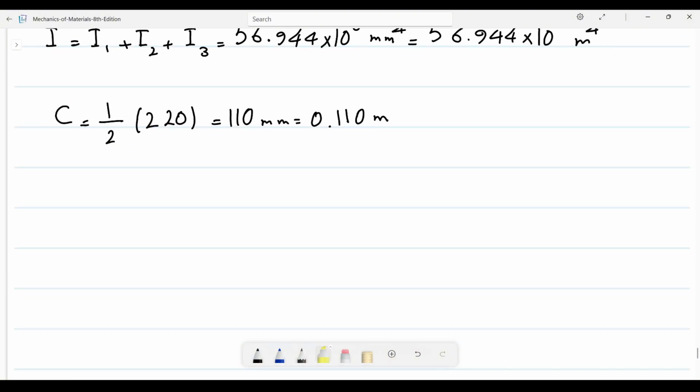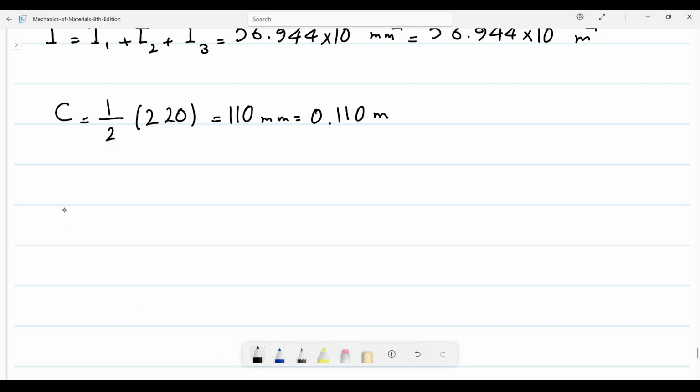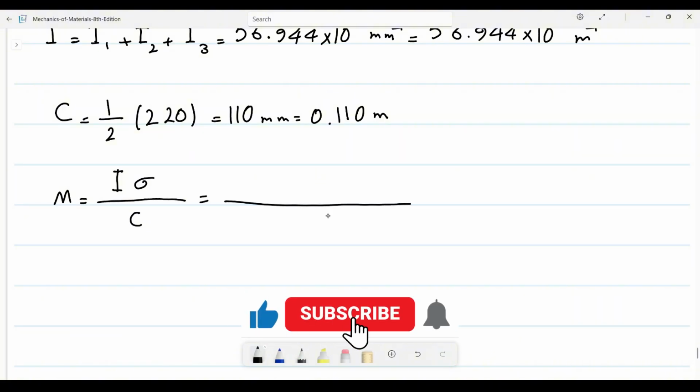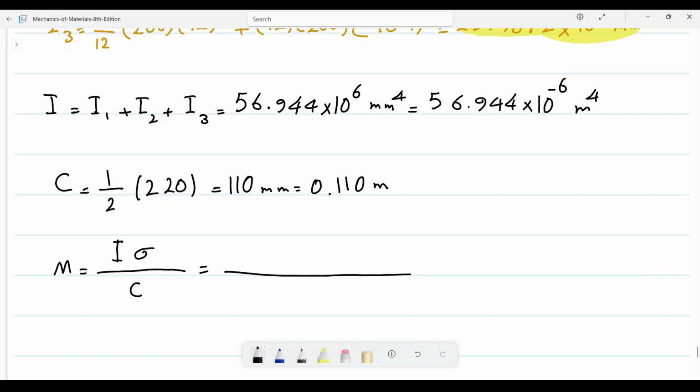And a new formula for moment, according to our first formula, we write moment is equal I multiplied by stress divided by C, which is equal total I, 6.944 multiplied 10 to the power of minus 6, and this stress is equal 155 multiplied 10 to the power of 6.